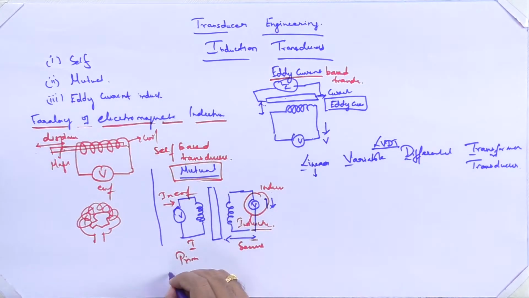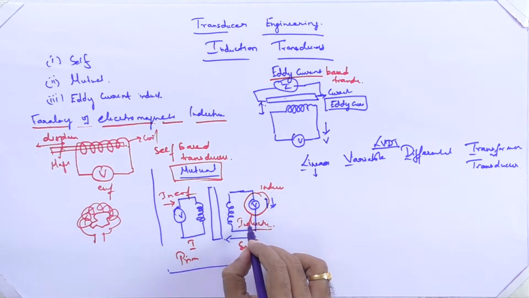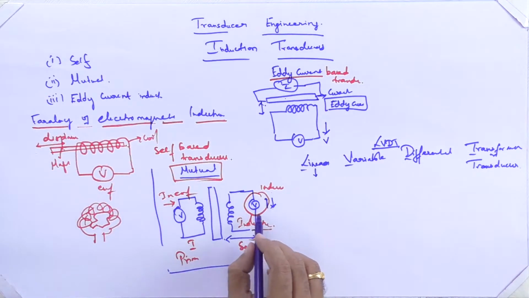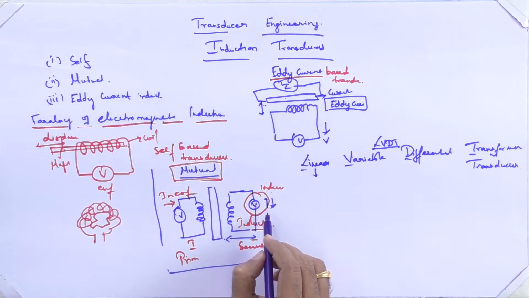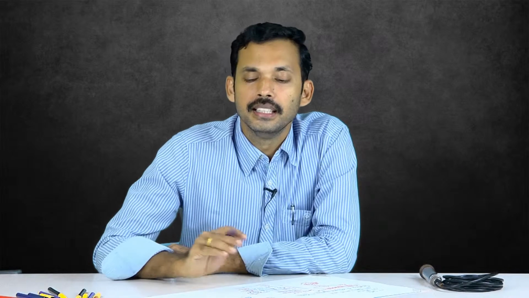Here is the transformer principle. You have a primary coil and a secondary coil, and finally you have the EMF generated in the secondary coil because of the induction happening from the primary coil. The same thing we are going to apply here.